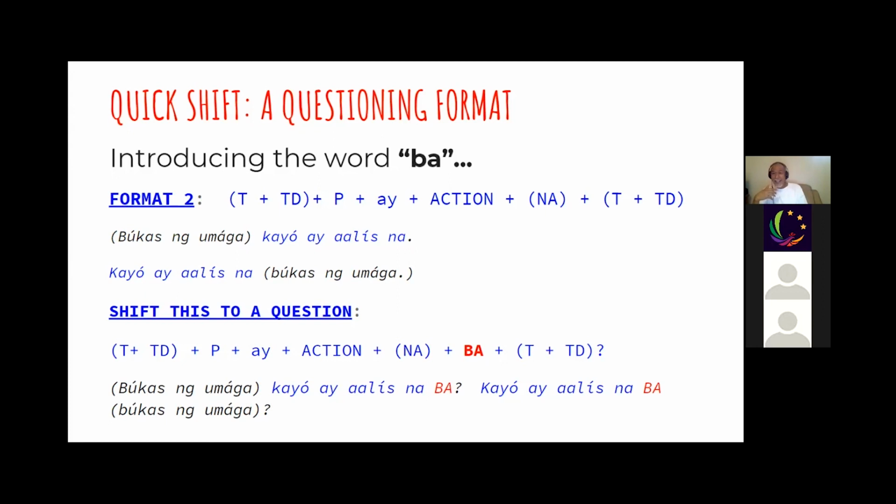The guy has a problem. Or kumain ka na ba? Kumain ka na ba? That makes it natural, lively. And if it's not said with that tonal uptick, then it's weird. Just so you know, people get weird. So there you go.